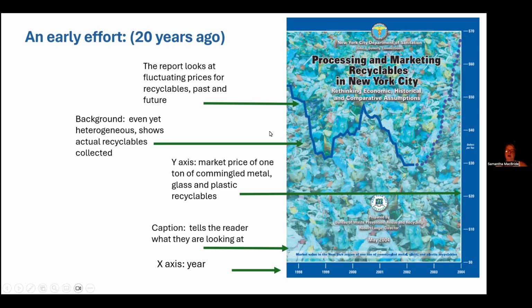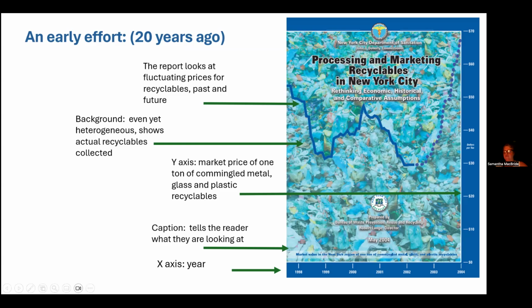So I've got the fluctuating market prices. The background is a photo of recycling that was taken at one of our facilities. The y-axis here is the dollar value, the market price of 1 ton of recyclables.